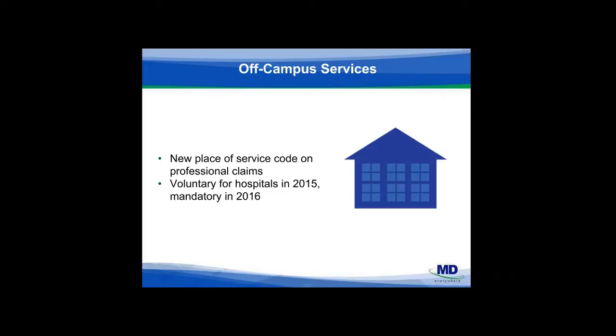Data collection will be voluntary for hospitals in 2015, but beginning in 2016, it's going to become a requirement and be mandated. The new place of service code will be required for all professional claims as soon as it's available, but again, it won't be mandated until January 1st of 2016 in the coming year.